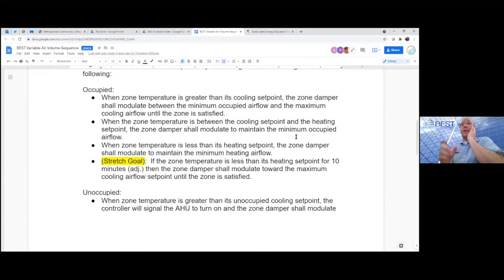And ASHRAE has very specific minimum airflow requirements per person within a space. So that minimum airflow at the VAV box is a derived calculation from that original ASHRAE number, running through how much outside air they're pulling into the building via their air handlers, and therefore the airflow within a zone.